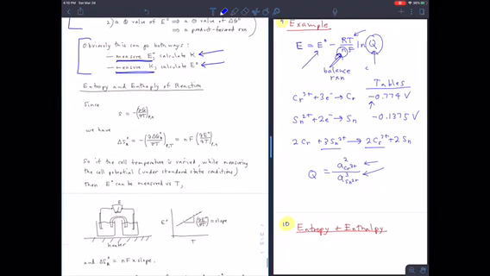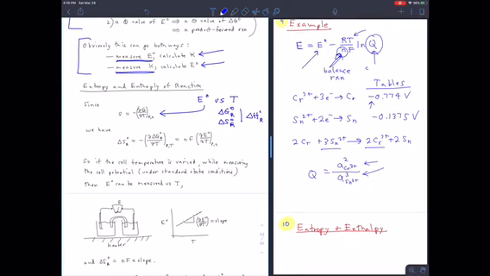All right, there's one more topic we should bring up. It comes up at the end of Engel and Reed, and that's the fact that by making measurements on the standard cell voltage as a function of temperature, we can then use this relationship to get not just the standard Gibbs free energy change of reaction, but also the delta S of reaction, and then using both of those, we can get the delta H of reaction as well.